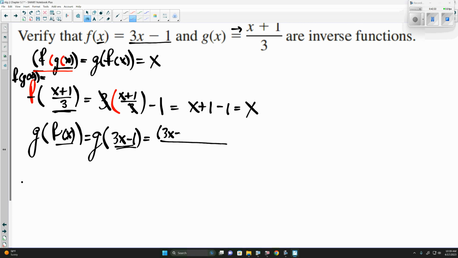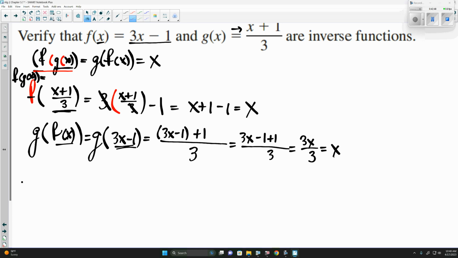We have 3x minus 1 plus 1 over 3. Now we can drop the parentheses, telling us that we have 3x minus 1 plus 1 over 3. Well, the negative 1 plus 1 gives us 3x over 3, and that simplifies to x.